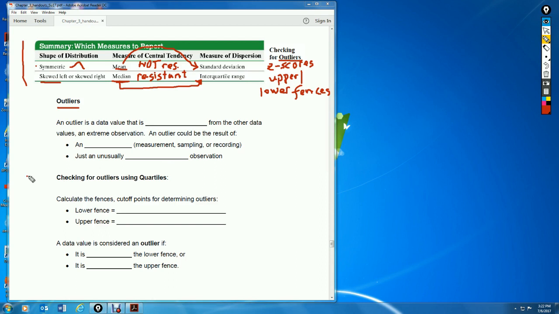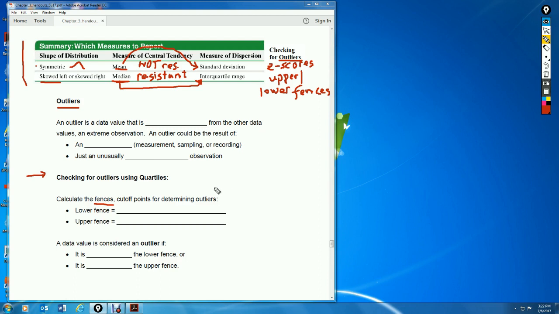So we can use a numerical test to actually identify outliers, okay? We're going to do this by calculating something called the fences. These are cutoff points for determining outliers. Again, you would use this technique if you have a skewed distribution, okay?